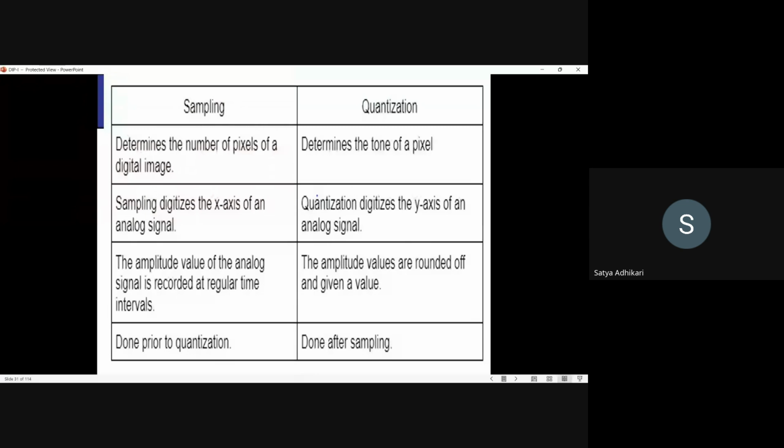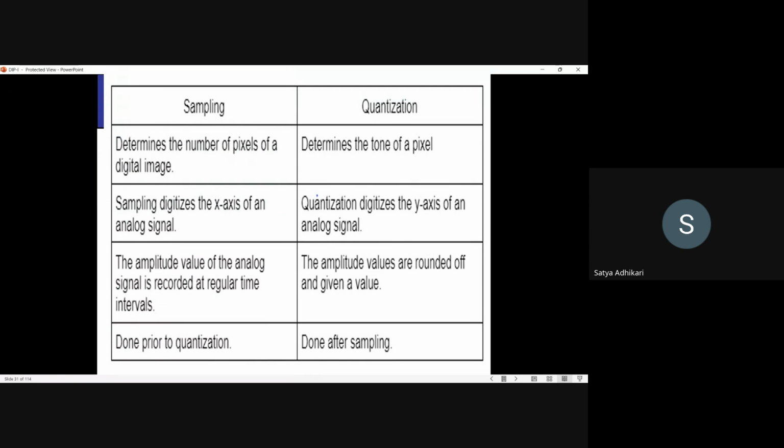The amplitude value of the analog signal is recorded at a regular time interval. In quantization, the amplitude values are rounded to a given value: if the function gives a real number with decimal points, it is rounded to the nearest value.